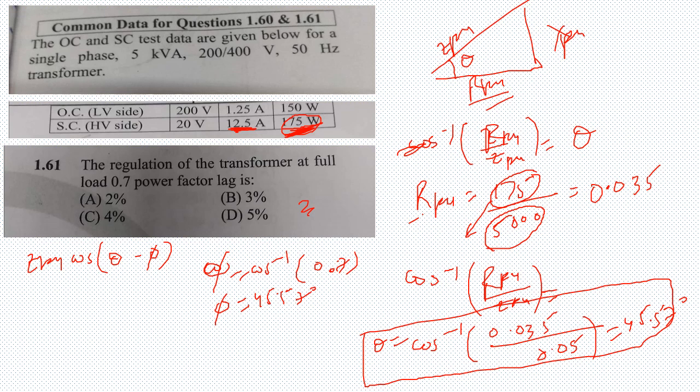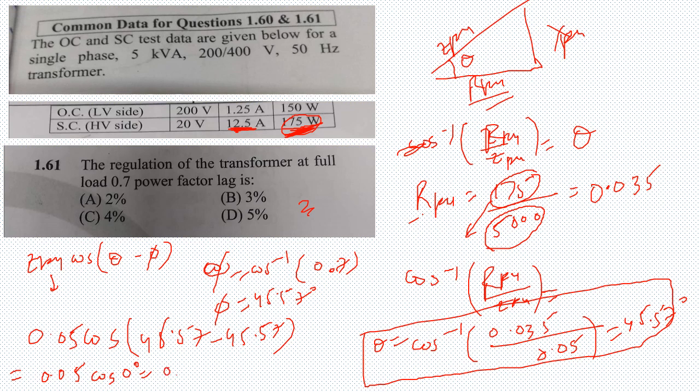Substituting these values, Z per unit is 0.05 cos of 45.57 minus 45.57, which is 0.05 cos of 0 degrees. Cos of 0 degrees is 1, so you get 0.05, which in percentage is 5%. So option D is correct. This is how you have to proceed with these kinds of problems. Thanks for watching.